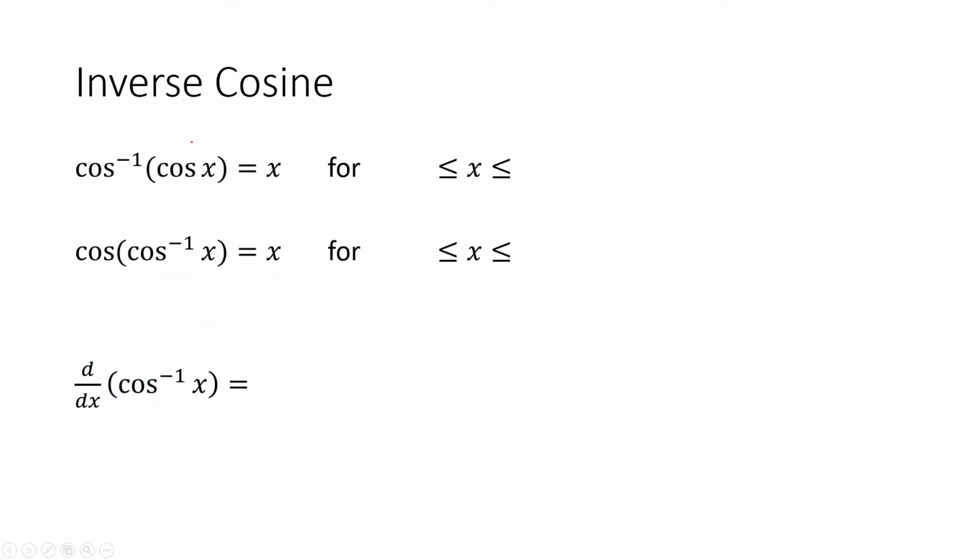And again here, if I'm thinking about the cosine inverse applied to cosine x, well, we know this has to be true for x between 0 and pi, because there again, we want to make sure that the cosine inverse function is well defined. So for cosine applied to cosine inverse, we know this will equal x for x between -1 and 1.